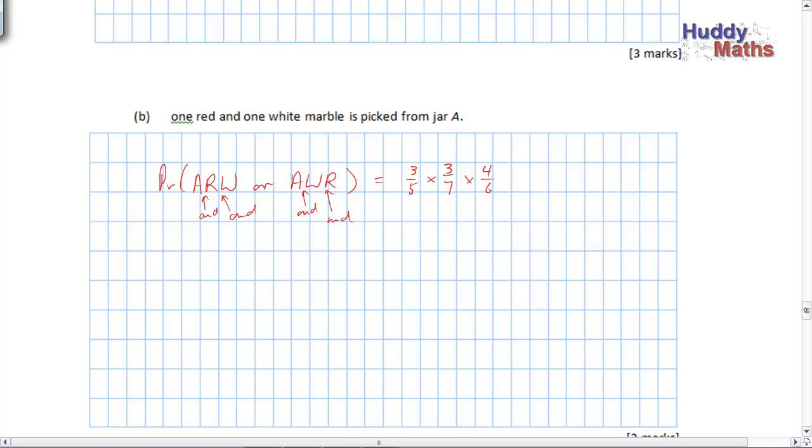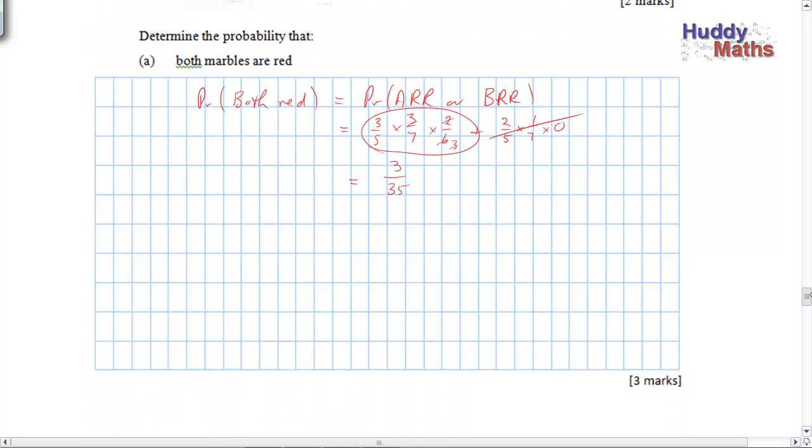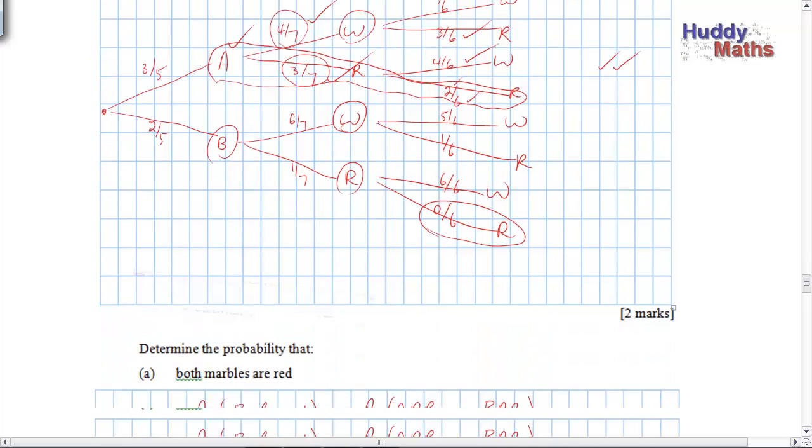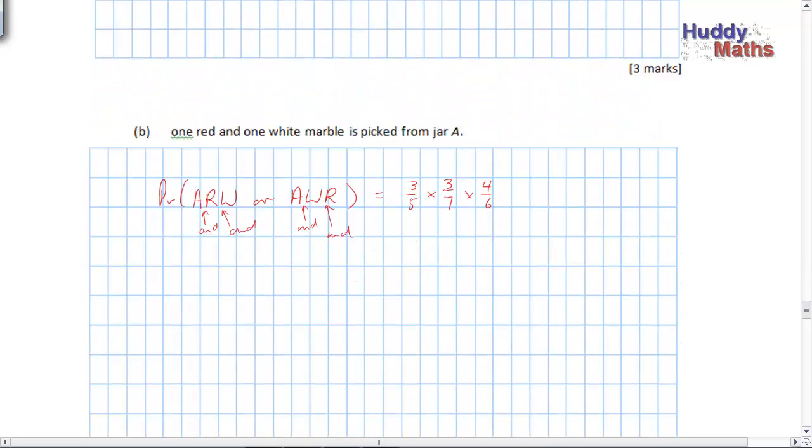Okay, let's just check that up here. We want A, red and white. So that's A, then red, and then white, product of those. The other one would be A and white and red. So we've got to multiply those together. So we have to pinch the numbers from up there.